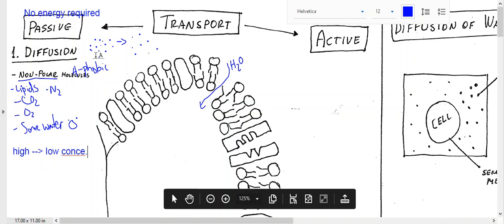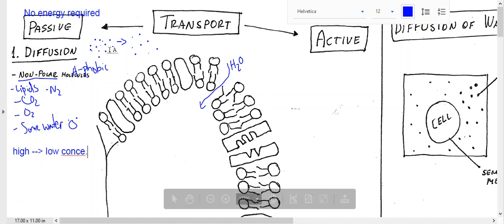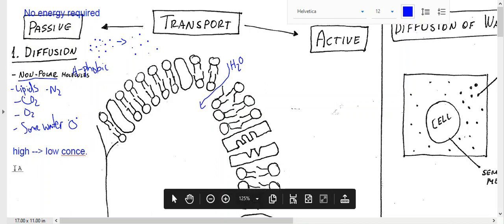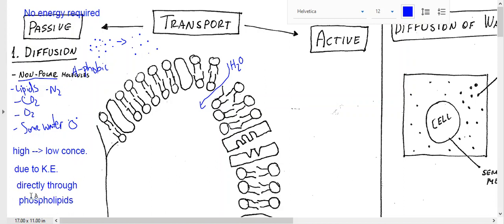And again, we are going from high to low simply due to kinetic energy. So I'll say this is due to kinetic energy. And we are going directly through the phospholipids themselves, right?